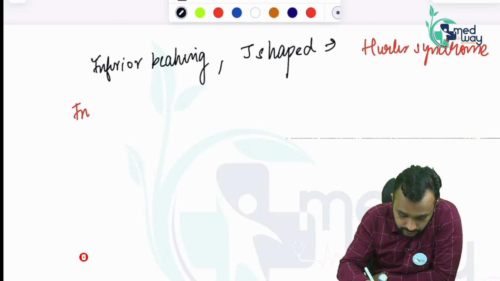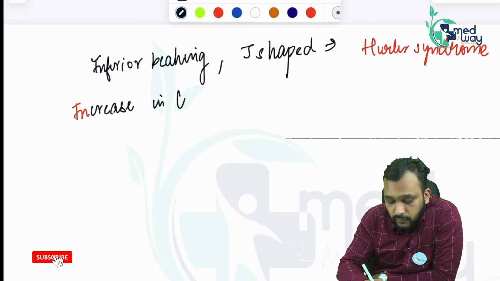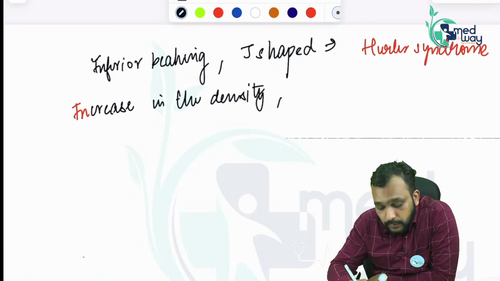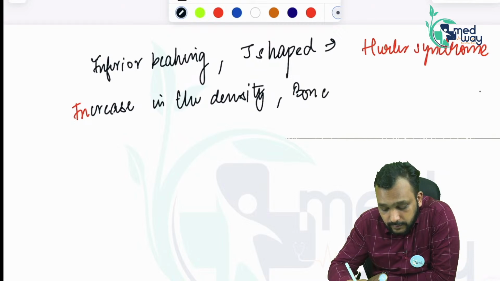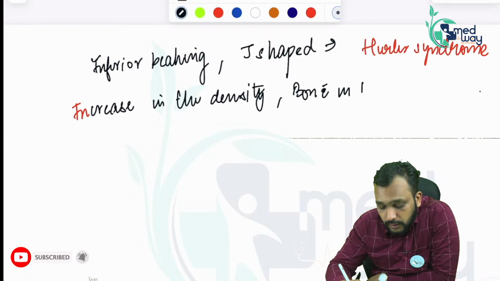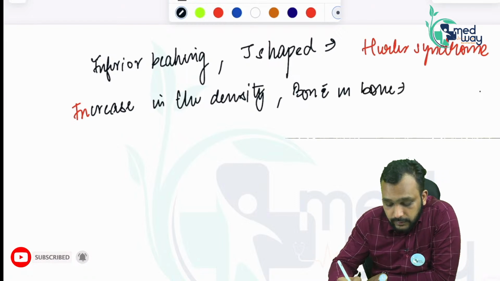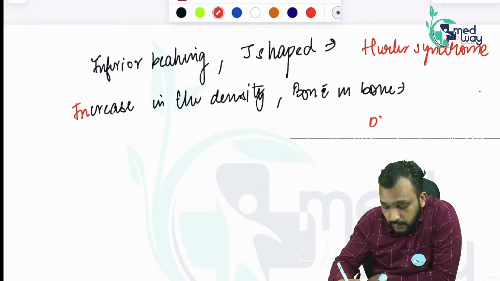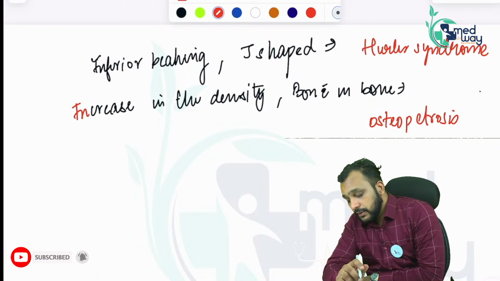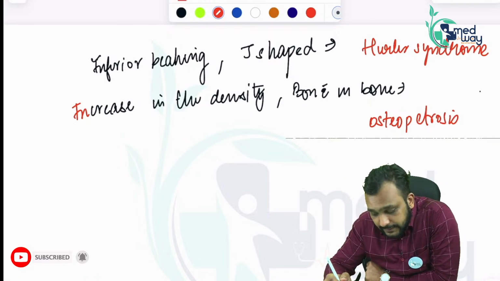Diffuse increase in the density of bones, okay, bone within a bone appearance, bone within a bone appearance. This is seen in patients with, just remember, osteopetrosis, again can be asked in your exam, right.